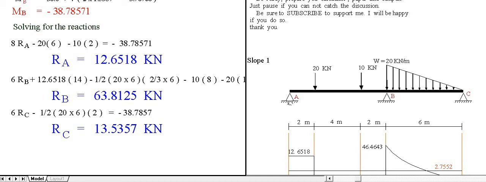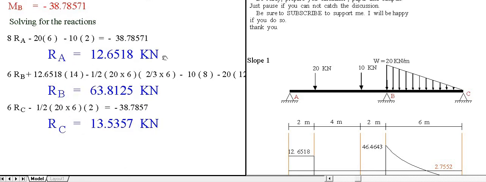So on the left, RA times 8, 4 and 4, minus 20 times 6, minus 10 times 2, equate to the moment B, or 38.7857. Then solving, we have one variable RA. RA is 12.6518.